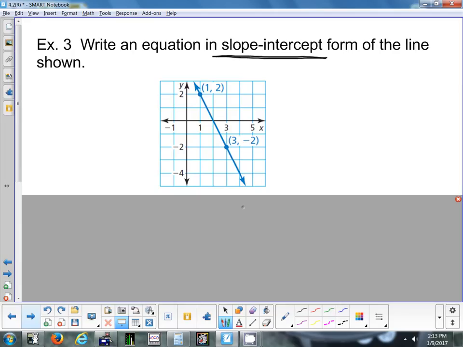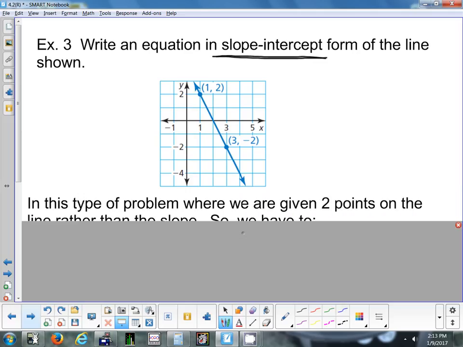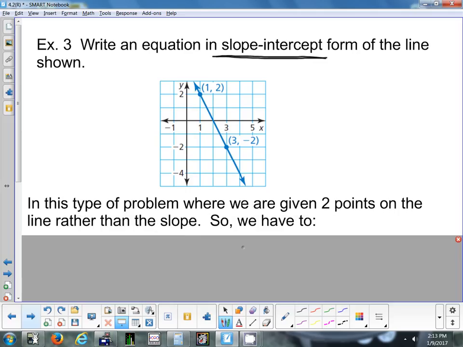All right. Now, this time, what did they give me in this picture? Look at the picture, and what are they giving me? Okay, they give me a line. What else? 2 points. So in this type of problem, you are given 2 points on the line.